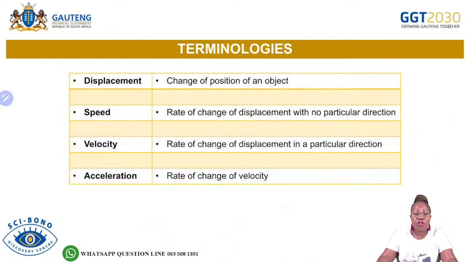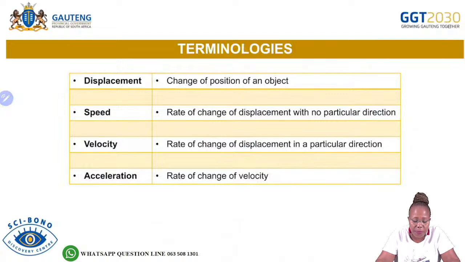And then the terminologies that we use under the rate of change, we have the displacement. What is displacement? It's a change of position of an object. These words have a relationship with your technical science. You'll find these words mostly in your technical science.